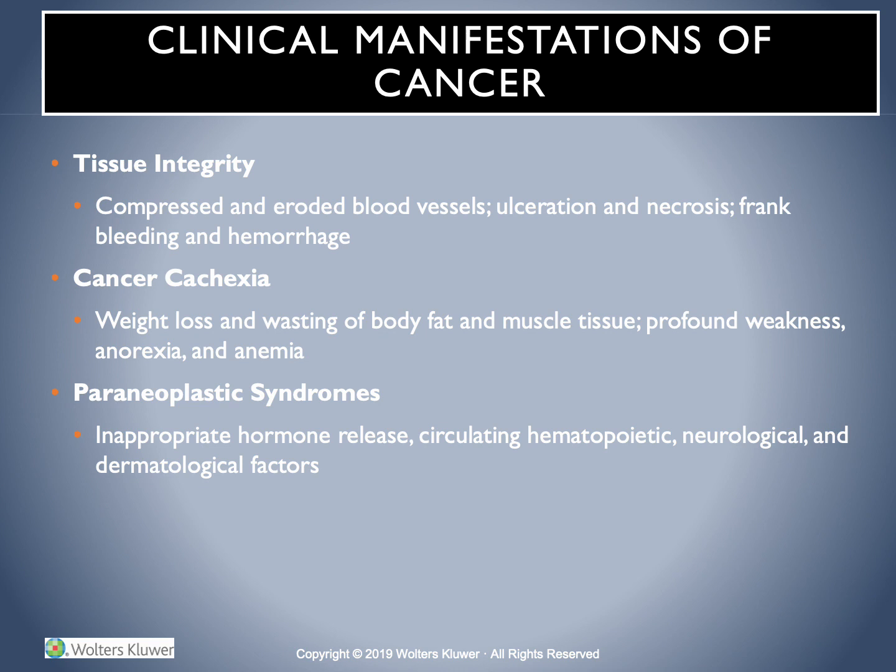This is where some cancers produce substances that cause symptoms in parts of the body distant from the tumor site. These are known as paraneoplastic syndromes and can include hormonal imbalances, neurological symptoms such as muscle weakness and difficulty walking, blood clotting, or skin changes.